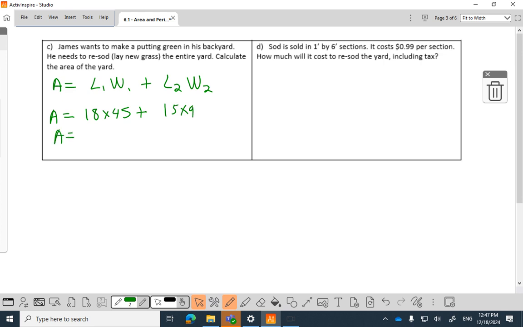And when I put that in my calculator, 18 times 45 is 810, plus 15 times 9, which is another 135. So the total was 945.